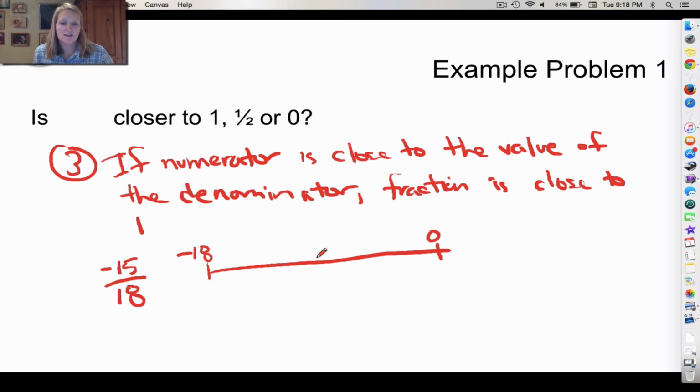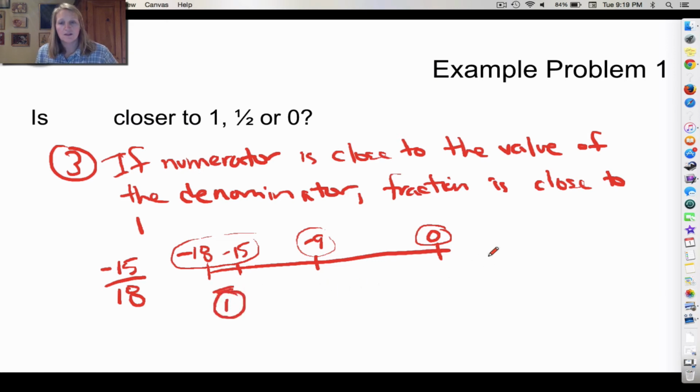Half of 18 is 9, so half of negative 18 would be negative 9. And then you have the number 15, so you're looking at the numerator and how close it is to this. So 15 would maybe be right here, negative 15. So the fact that you're closer to the denominator than you are to halfway between or to 0 tells you that this fraction is closer to the number 1, to a whole.